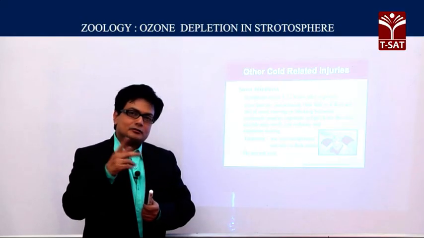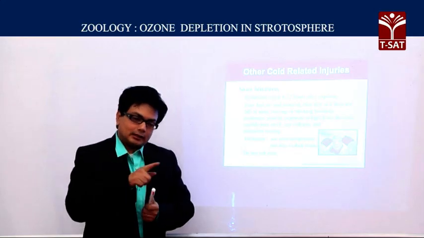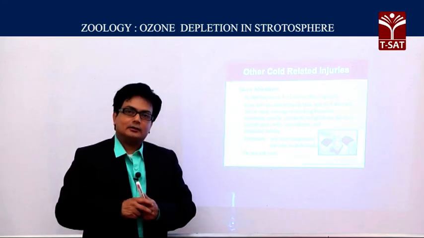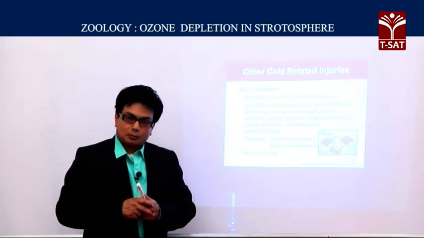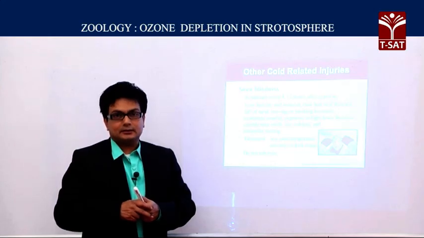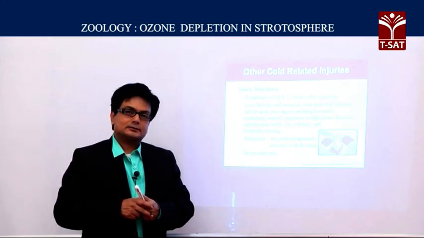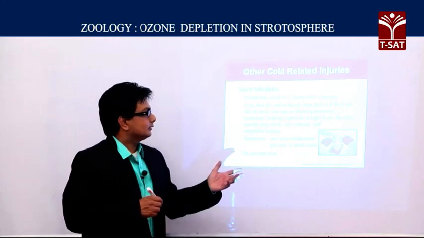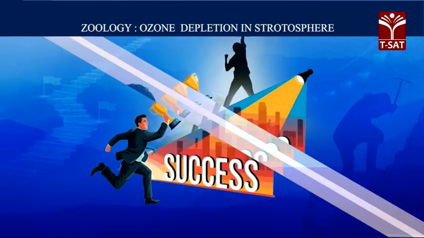Night blindness is related to vitamin A, color blindness is related to a genetic disorder wherein the required pigments are not synthesized in the retinal cells. Snow blindness is due to the effect of UV on the human eye.